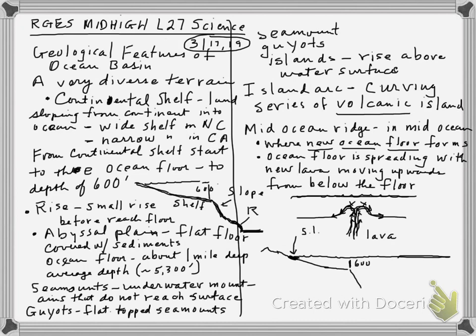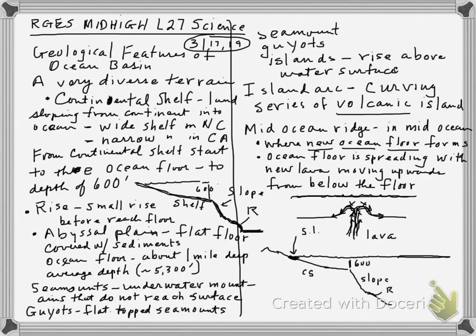It becomes what? The slope, right. So we have the continental shelf, CS. We have the continental slope that is falling off to this rise area. I'm just going to mark it with an R.